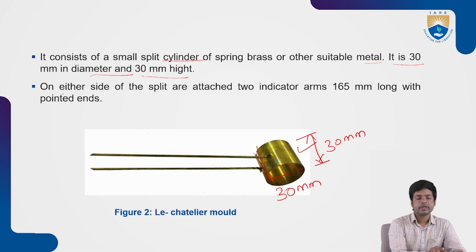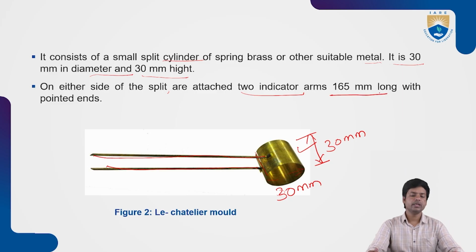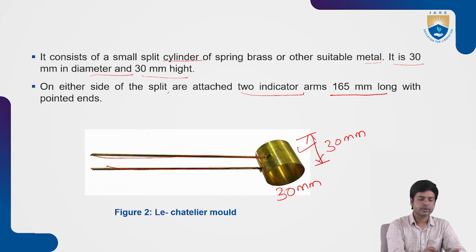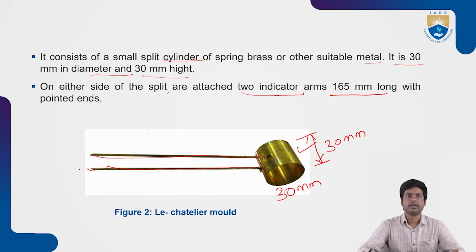Next, on either side of the split, there are two indicators attached. You can see here, this is the split we have, and this is the needle or indicator. The length of these two indicators is 165 mm, with pointed ends like a needle.